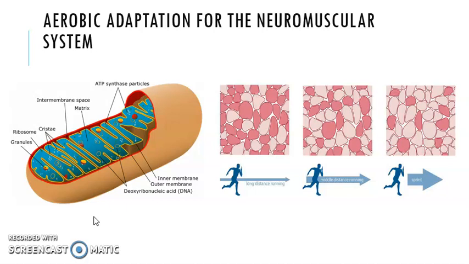There is also an increase in the activity of the enzymes SDH and citrate synthase, which with training enhances glycogen sparing.